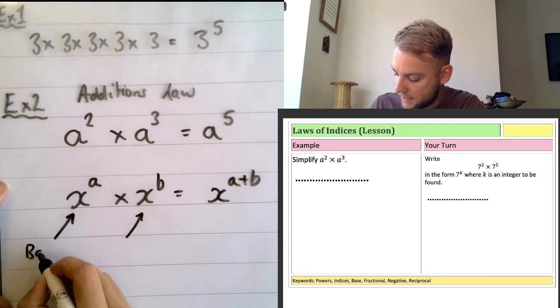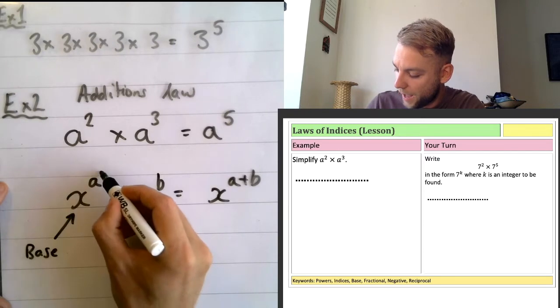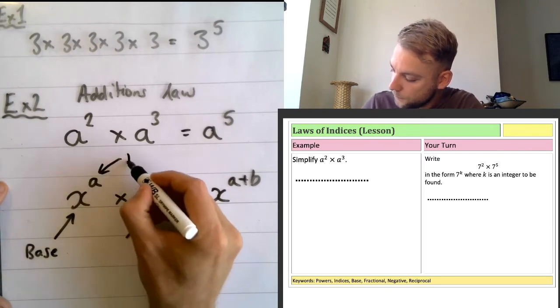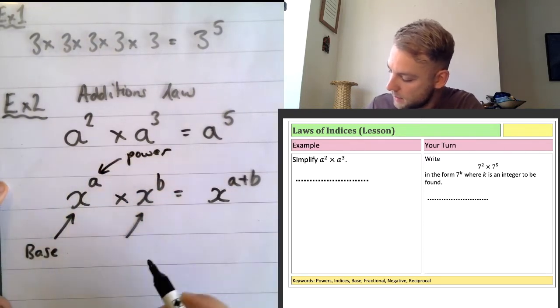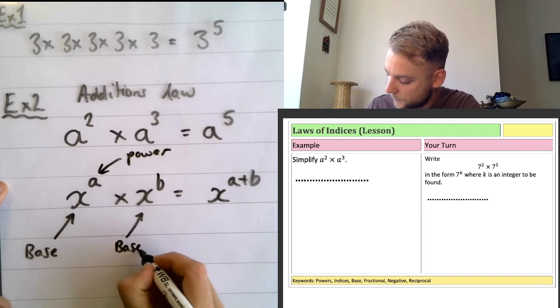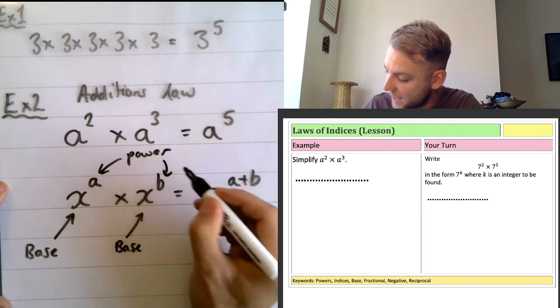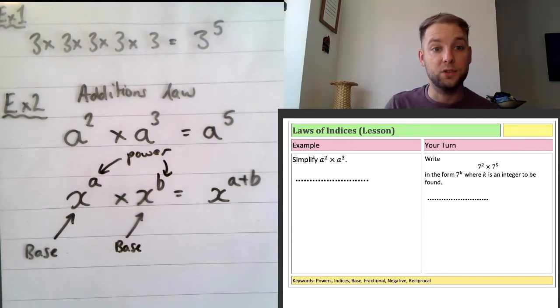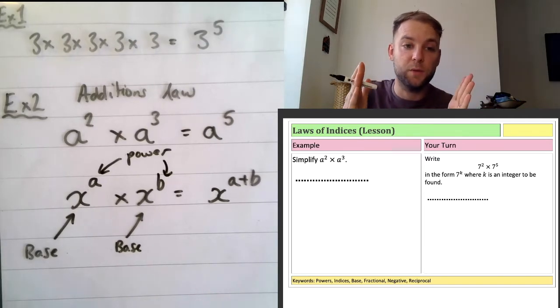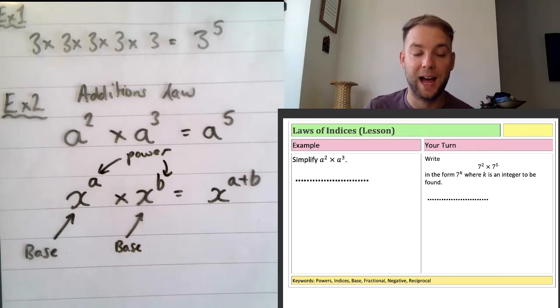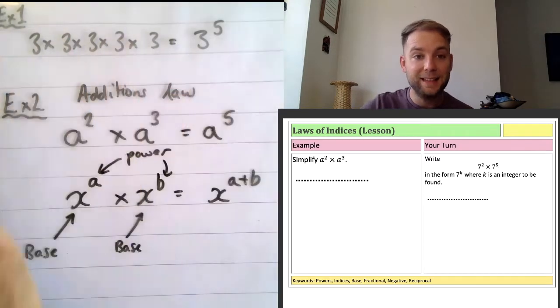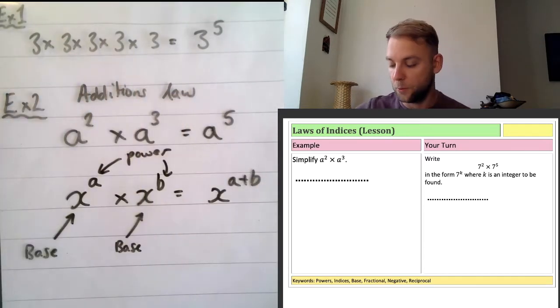This is called the base and this is called the power. So this is your base. They do have to have the same base, otherwise this doesn't work. So when we're multiplying things with the same base, it's the same as just adding the powers. Get that down in your notes as your first example.